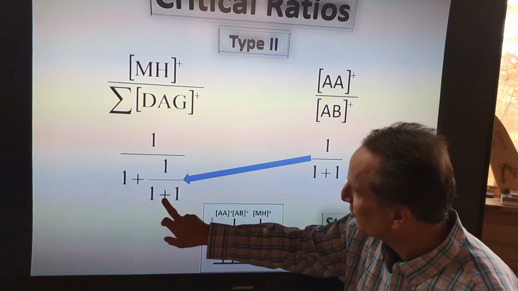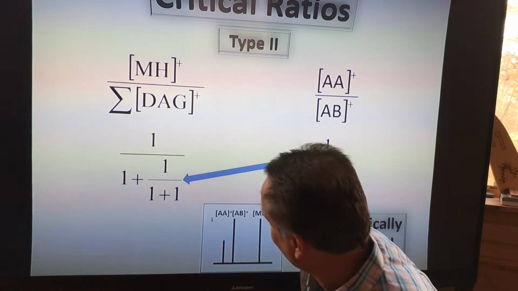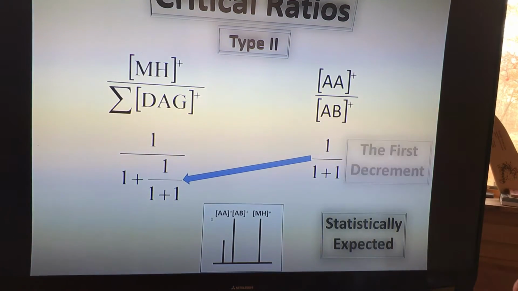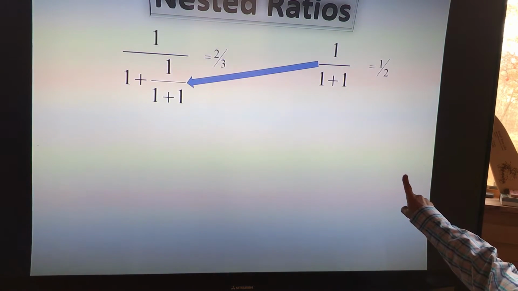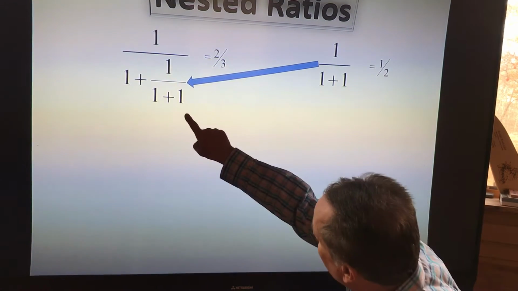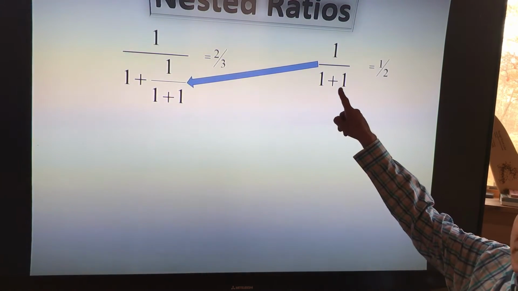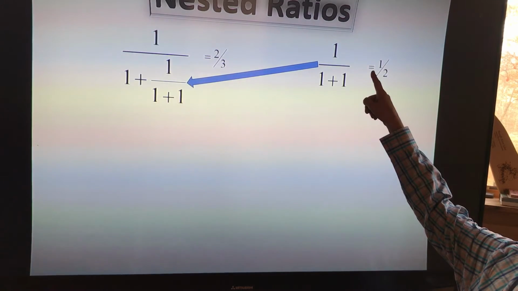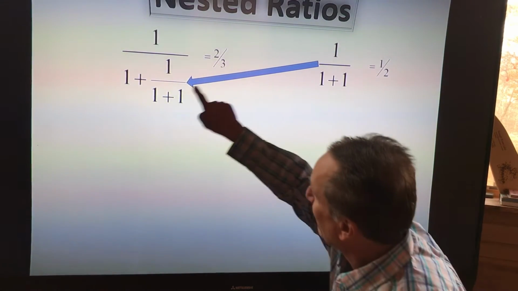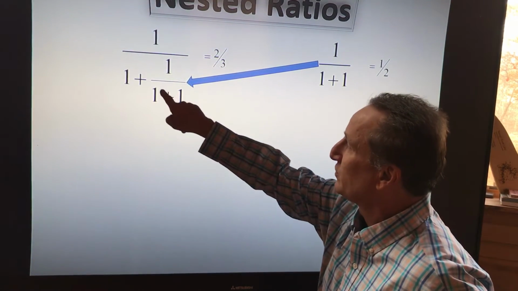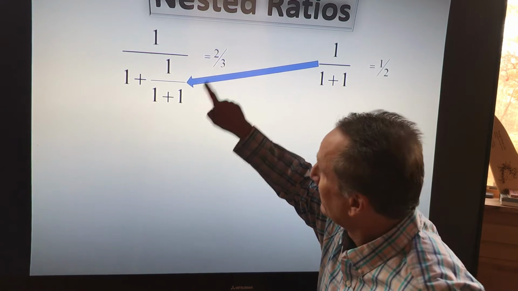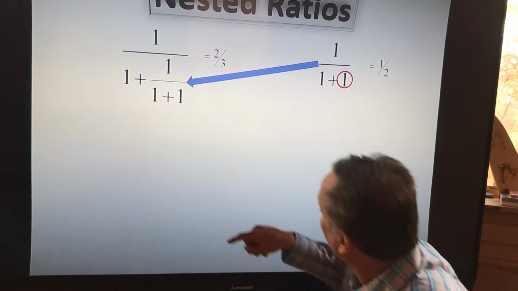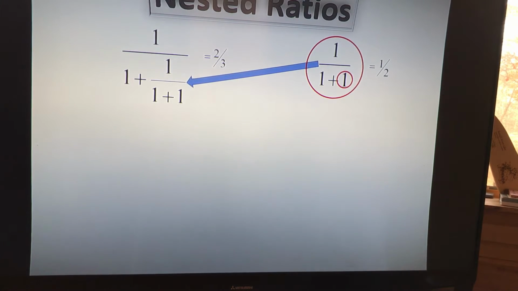And now deconstruct that one. So that's the first decrement, as I said. And so you do that again. Now, by the way, the first decrement I showed you had a value of 1/2, so that's 1/2. Now this next one, when you deconstruct that one, you get a value of 2/3. Then deconstruct that one.